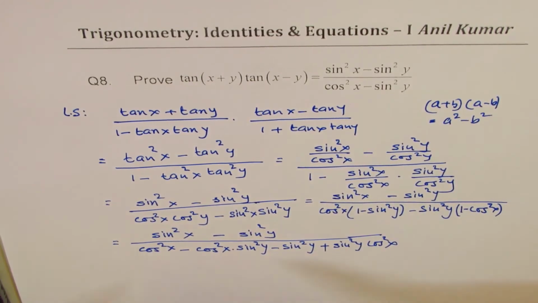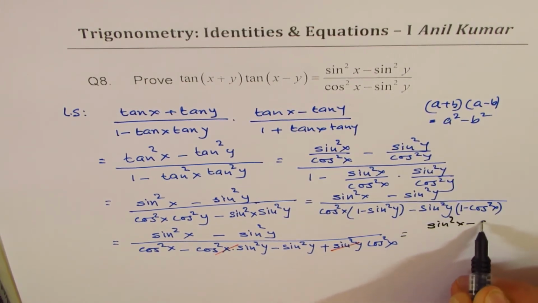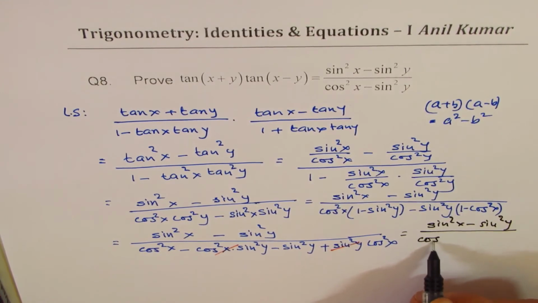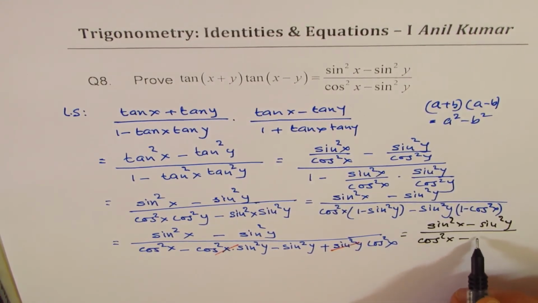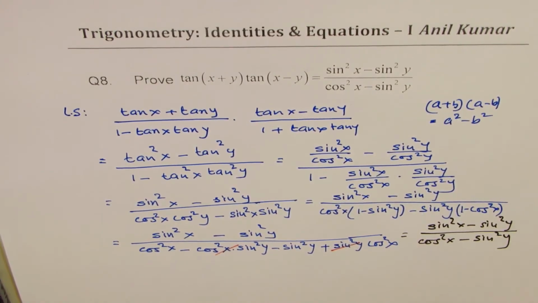So as you can see from here, these two terms cancel out, and you are left with what is required, which is (sin²x - sin²y) divided by (cos²x - sin²y). Correct? So that is how you are going to prove this particular identity.